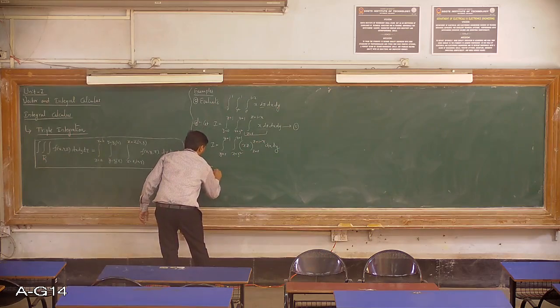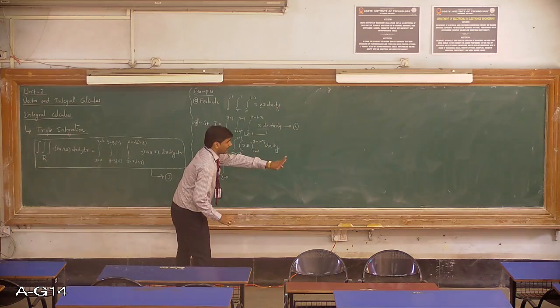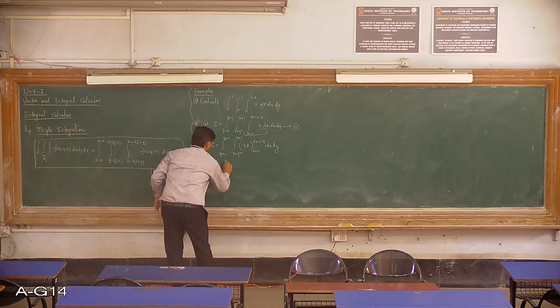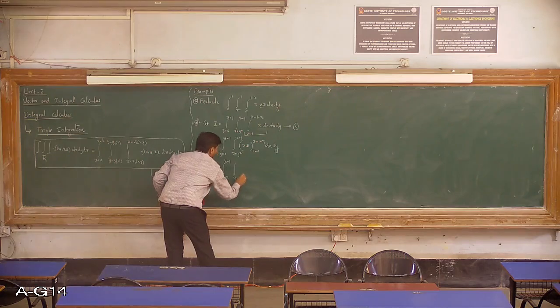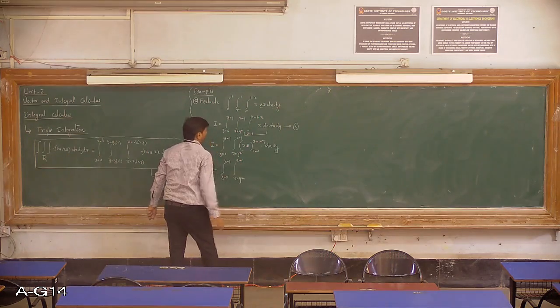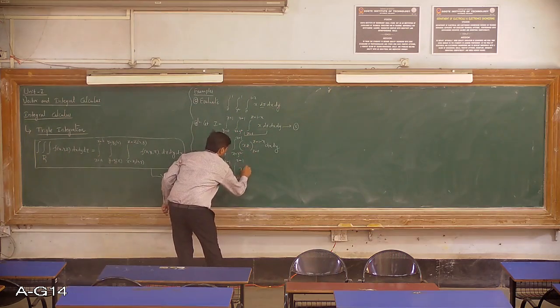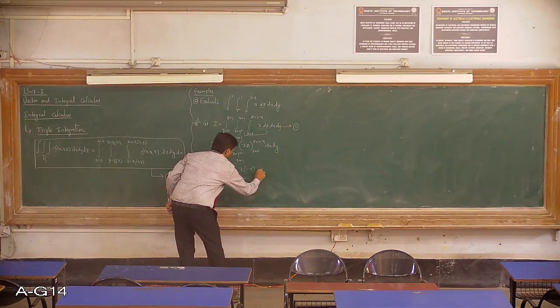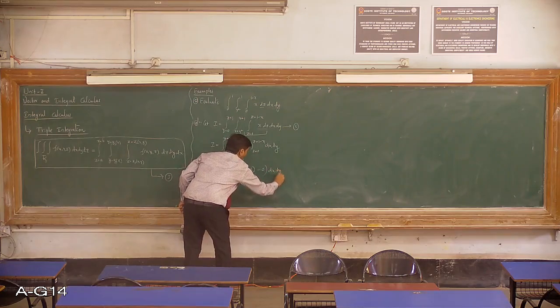So now I equals the integral from y equals 0 to y equals 1, the integral from x equals y square to x equals 1. Now put the upper and lower limit: x into 1 minus x for the upper limit, and for the lower limit it will be 0, dx dy.